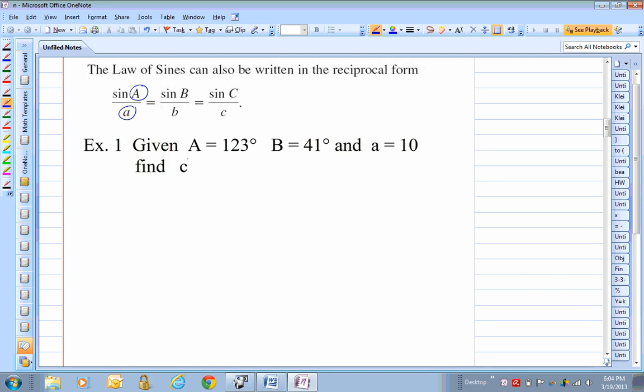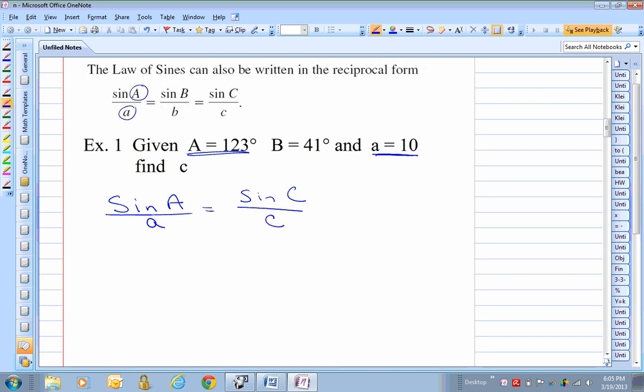Example: we have angle A is 123 degrees, angle B is 41 degrees, and side a is 10, and side c is what we're missing. So we have what I call an angle-side pair: sine A over side a, and if we want to find c, we're going to need sine C over c.